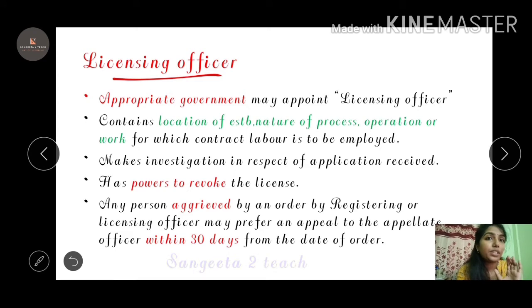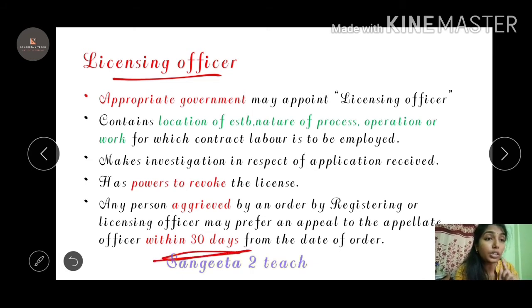Okay, any person who is aggrieved, and something happens and you do not agree with the licensing officer, you say everything is right, then you can appeal to the next level, that is the appellate officer, within 30 days. Within how many days? Within 30 days, that is 1 month from the date of the order. If you did not get your license, or the licensing officer said this is not there, that is not there, but you feel everything is correct from your end, you can go to the appellate authority within 30 days.